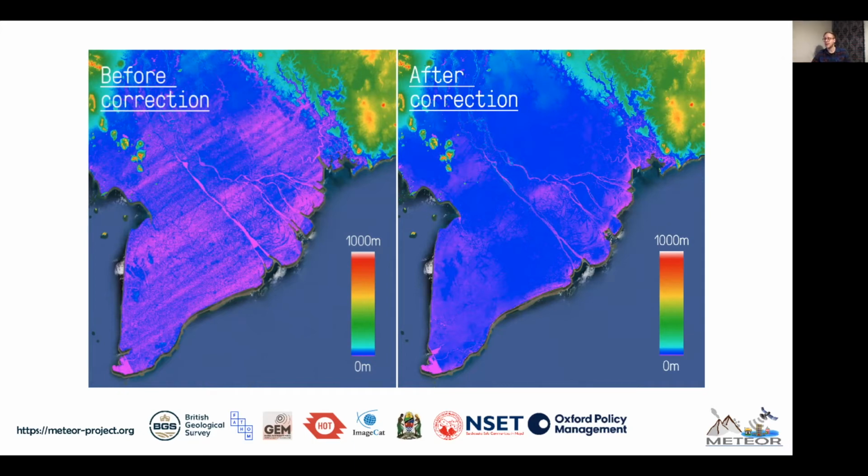And you can see very clearly that a load of striping error that's present in the raw data has been removed. And if you run a flood model on a terrain data set that has stripes, like you can see in the left-hand panel there, you get some very strange results. So this indicates the importance of performing this sort of analysis on the data that goes into a model.